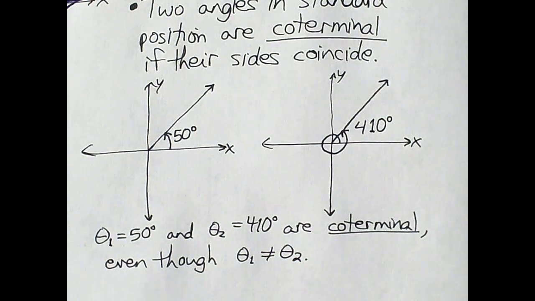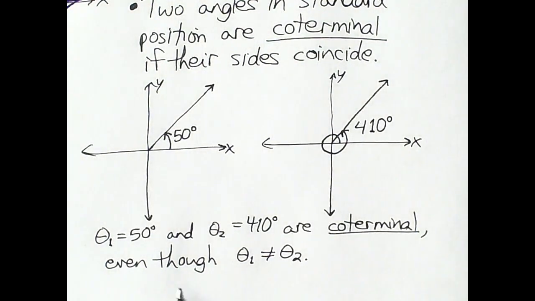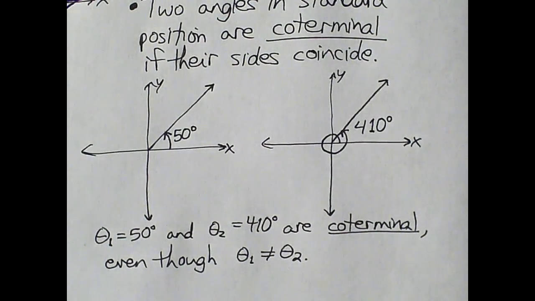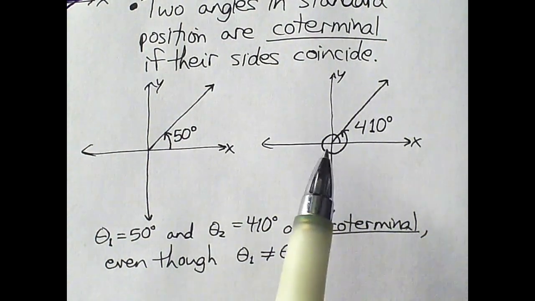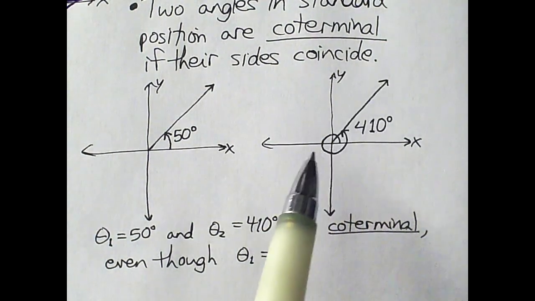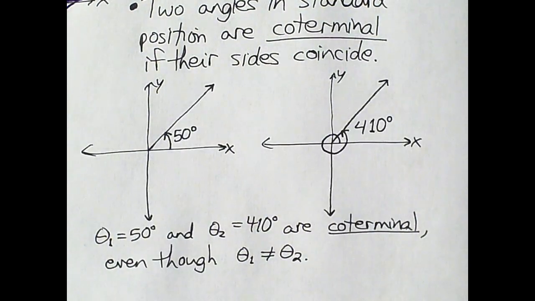So be careful about that. Don't say that these angles are equal. They're not. But you can say that they are coterminal. That's why we have a different word for it. It seems like they are equivalent in a certain sense. They're equivalent because the terminal ray is pointed in the same direction. So we call it coterminal.